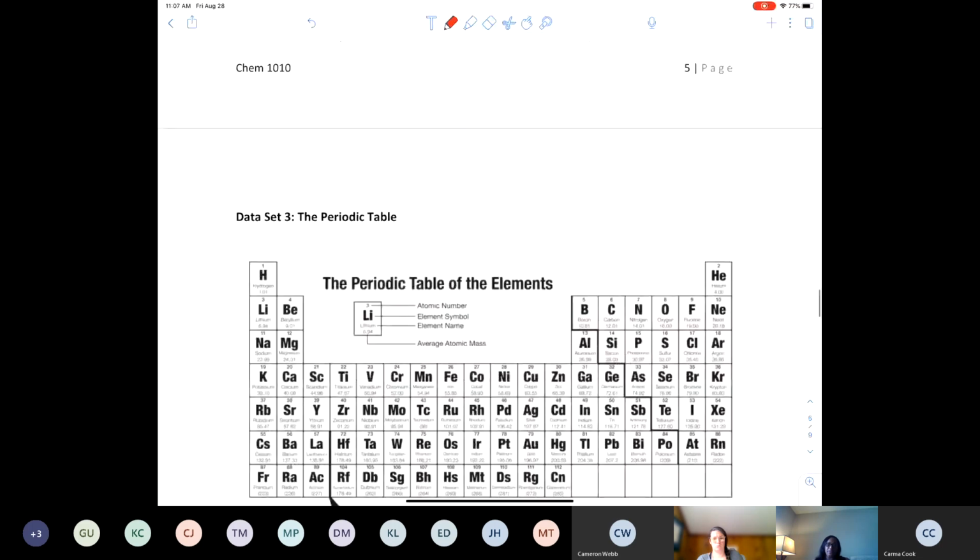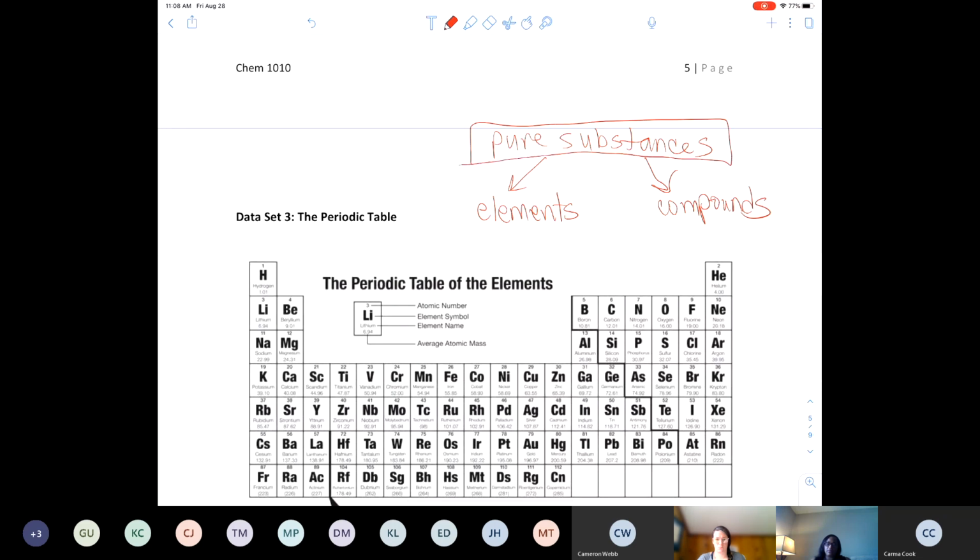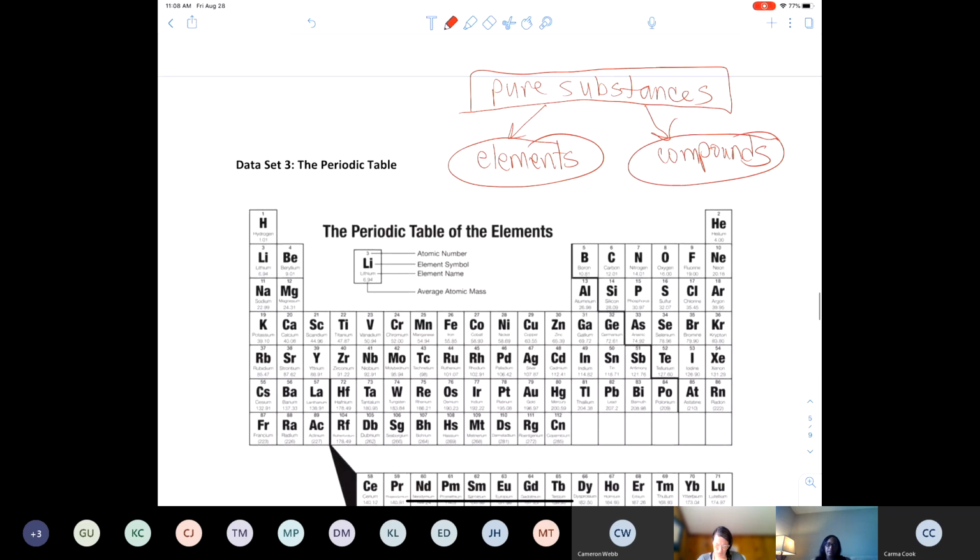So we said that pure substances can be subcategorized to be either elements or compounds. The periodic table contains all the known elements.